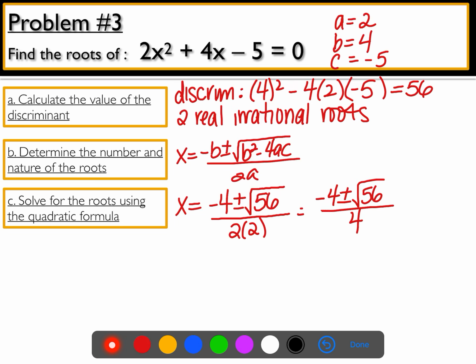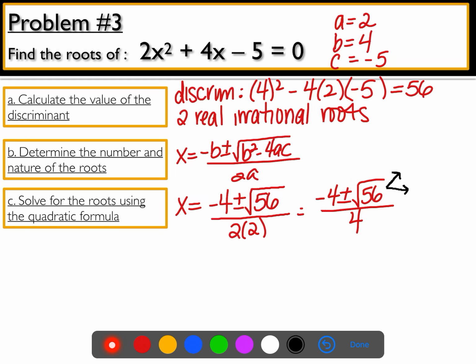All right, so there was a little preview video for 8.4 part 2 you need to watch before we solve these next 2 examples because we have to see how to break down this square root. Okay, so we're looking to split this into 2 numbers, one of them being a perfect square, the other one not, that multiply to 56.